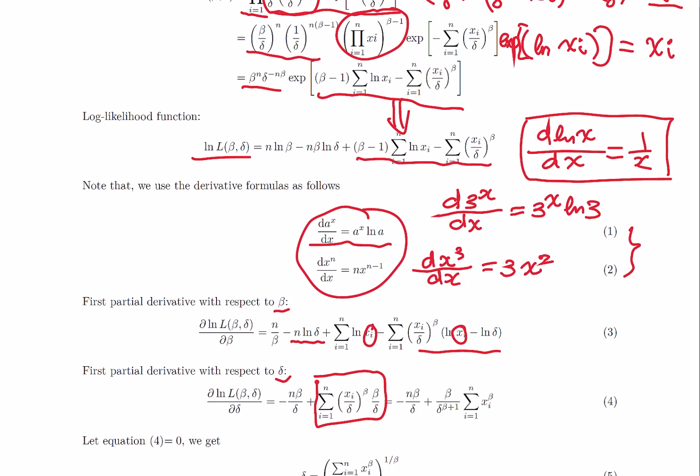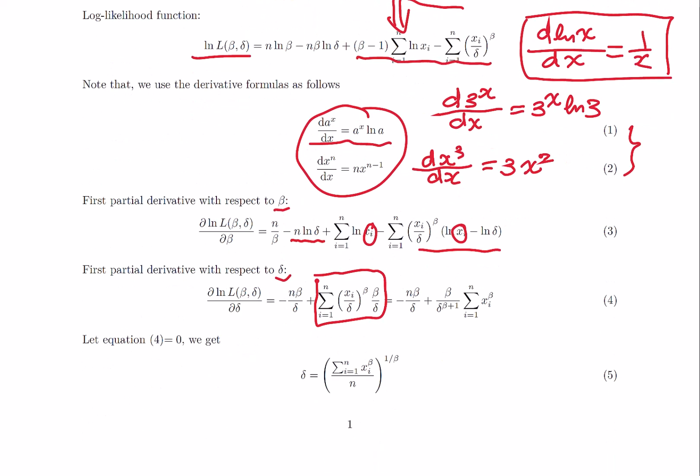We take the delta and the beta. Yes, some terms we can take outside of the summation, basically like this one, okay? Because it turns out that equation 4 is much easier, right? For example, if we let this one equal 0, what do we get? Here, if we let this equal 0 first, we can cancel the beta. And then we multiply both sides by delta to the power beta plus 1.